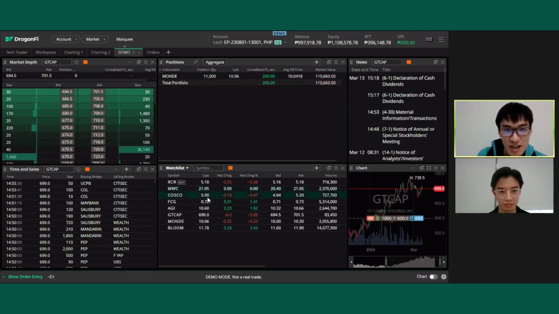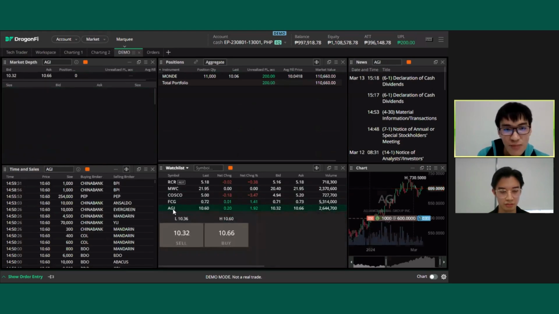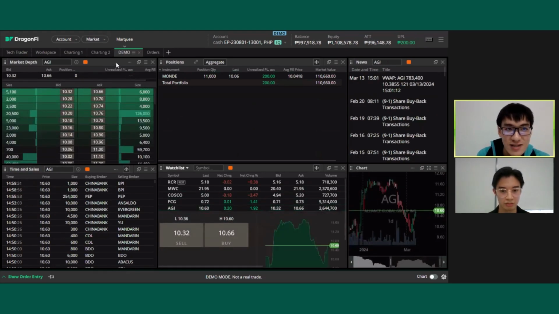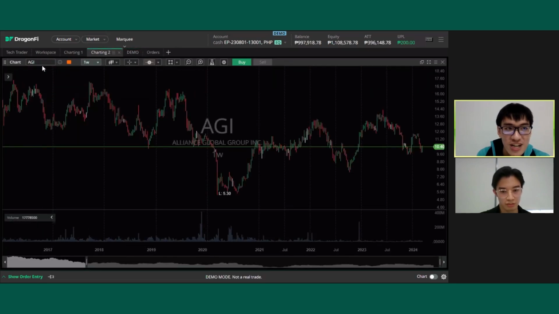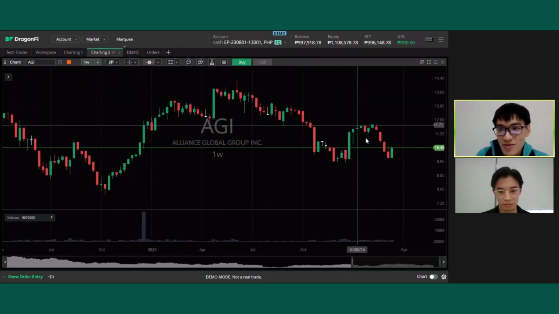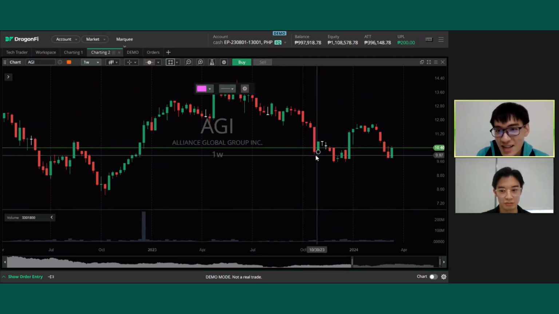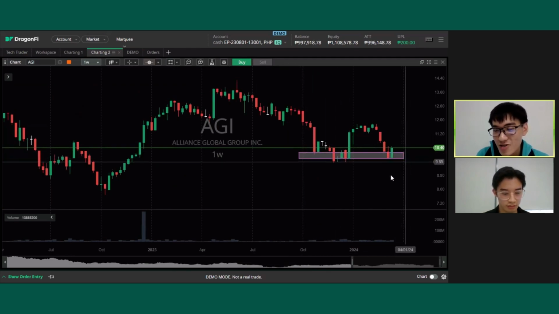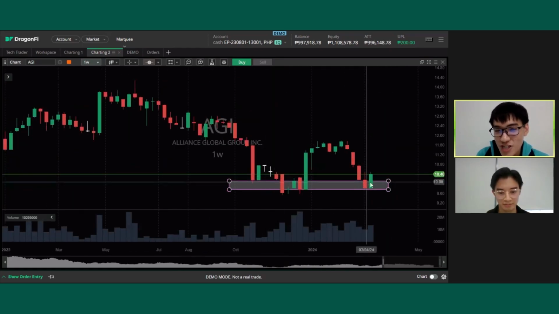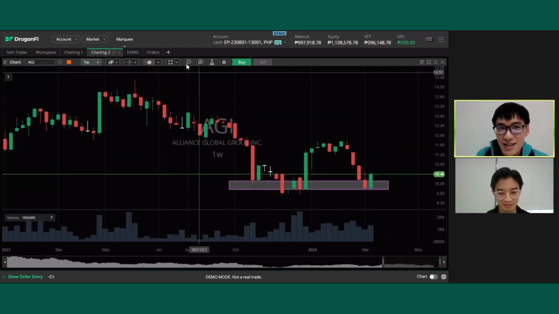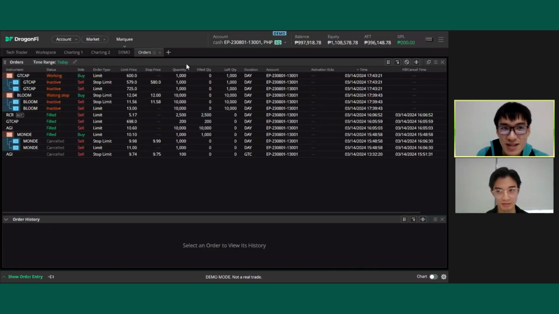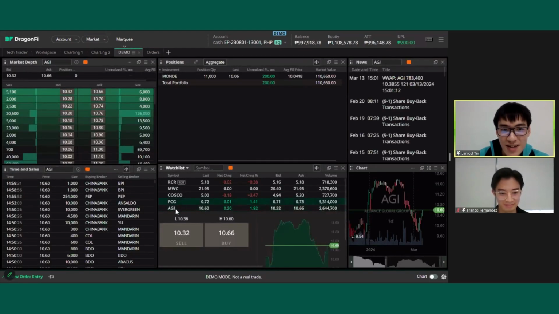Then how about an example where you want to buy the stock now, let's say. So say AGI. Let's say you think that this is a double bottom, for example. It's at support, and you want to buy now. What you will do is go here, AGI, right? Click buy now.